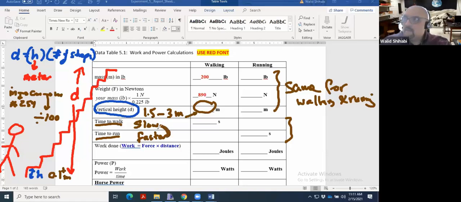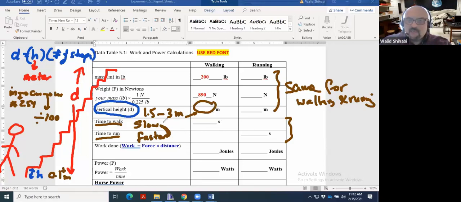Also, if you cannot climb a flight of stairs at all, then you can ask a sibling or spouse or parent or daughter or son to do it for you, and you'll time them. So no worries there.